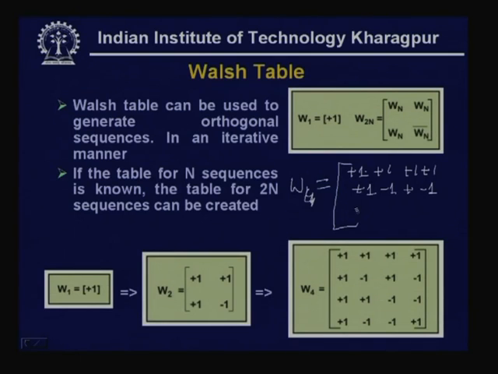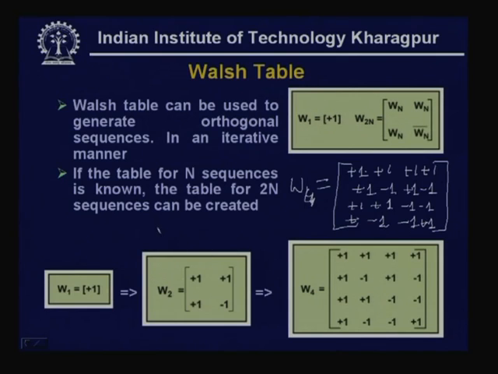Here also you have to put Wn. So, plus 1, plus 1, plus 1, minus 1. Now, here you have to put the complement of that. Complement is minus 1, minus 1, minus 1, plus 1. So, minus 1, minus 1, minus 1, plus 1. This is exactly what you have got.